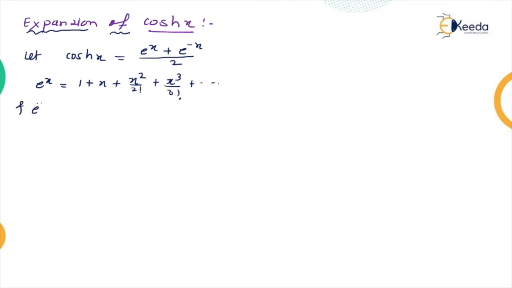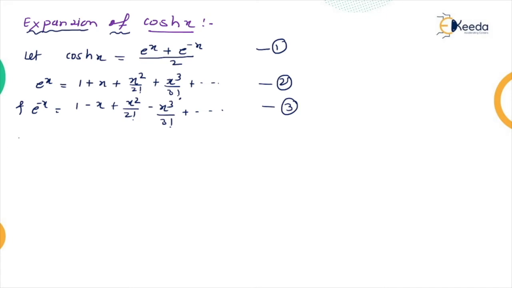And e to the power minus x is 1 minus x plus x square divided by 2 factorial minus x cube upon 3 factorial plus and so on. Here the plus or minus signs alternate, guys. Suppose this is equation number 1, this is equation number 2, this is equation number 3.